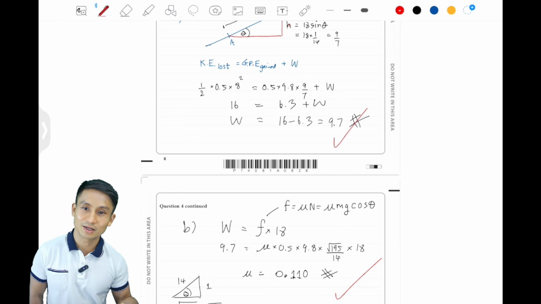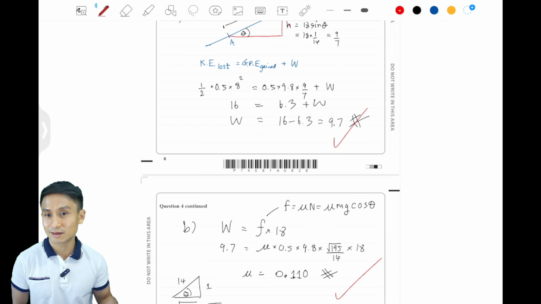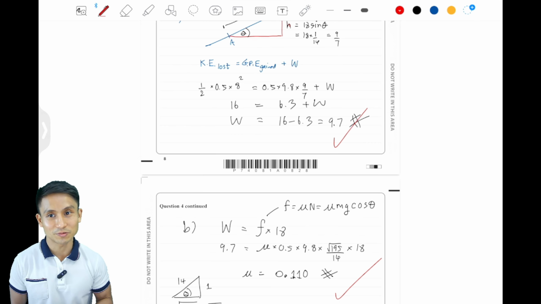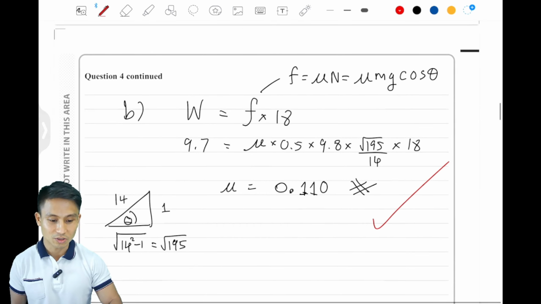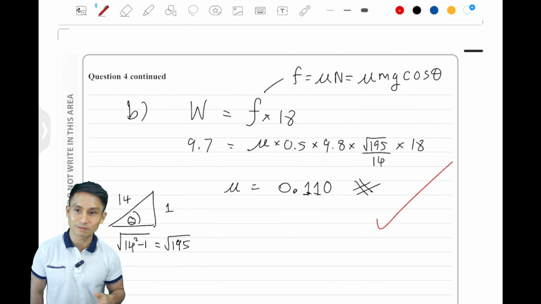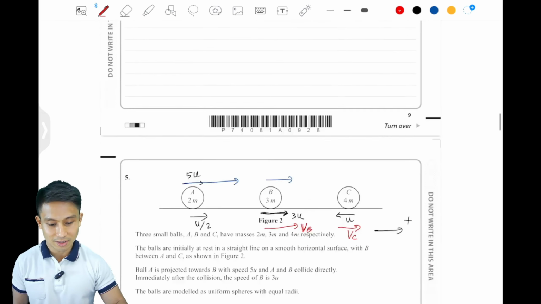That can be the case. And sometimes later on, you also have EPE playing some role in there as well. In this case, just kinetic and gravitational, so it's still fine. Don't forget that the work done against friction is just force times distance along the force. So this one is fine, I think.